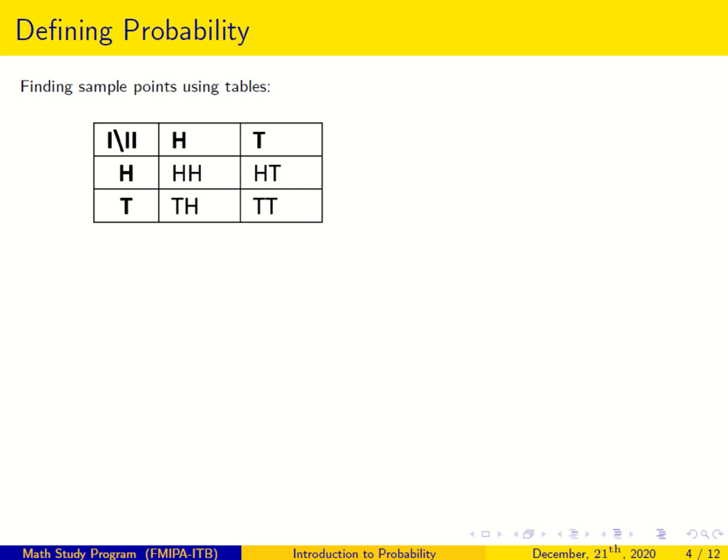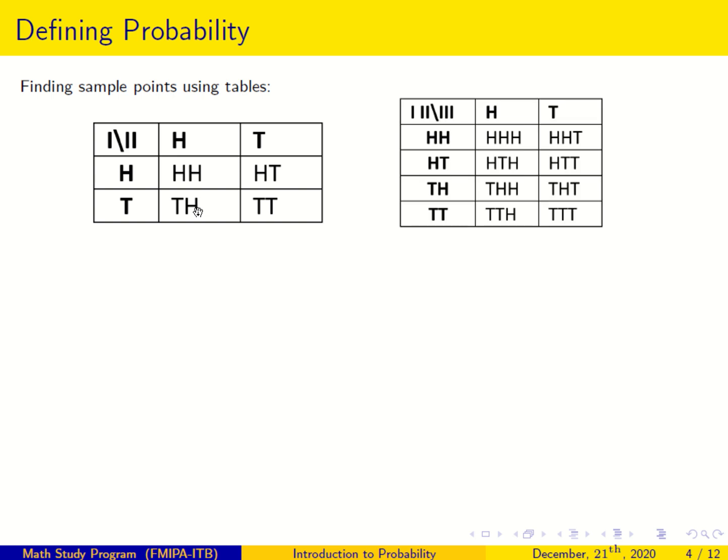This is how we find all of the sample points of an experiment. This is from tossing two coins: the first tossing and the second tossing. If I have TH, this means tails for the first and heads for the second. This is the table of sample points for tossing three coins.